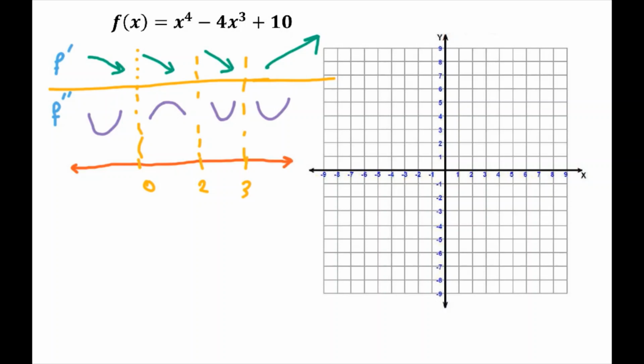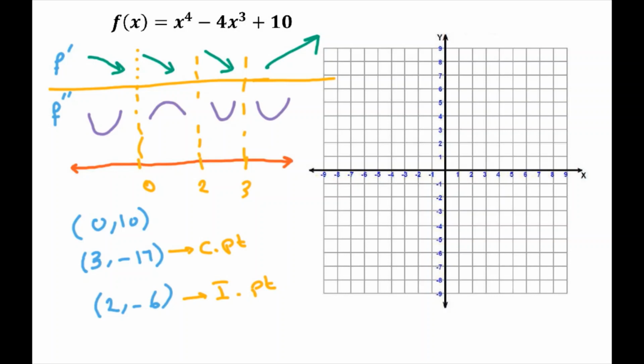And then we need to remember the critical points and the inflection points. So I'm talking about (0, 10), (3, -17), and then I'm talking about (2, -6). If you remember, this is going to be a critical point, inflection point, and again critical and inflection point. Okay, so now let's put all of this information together.